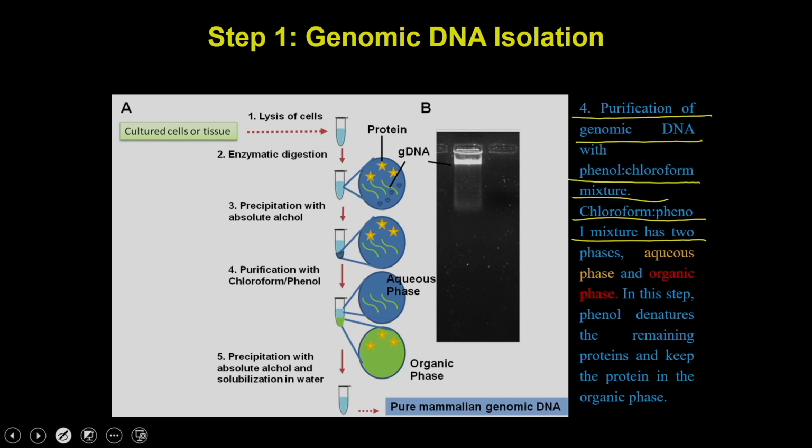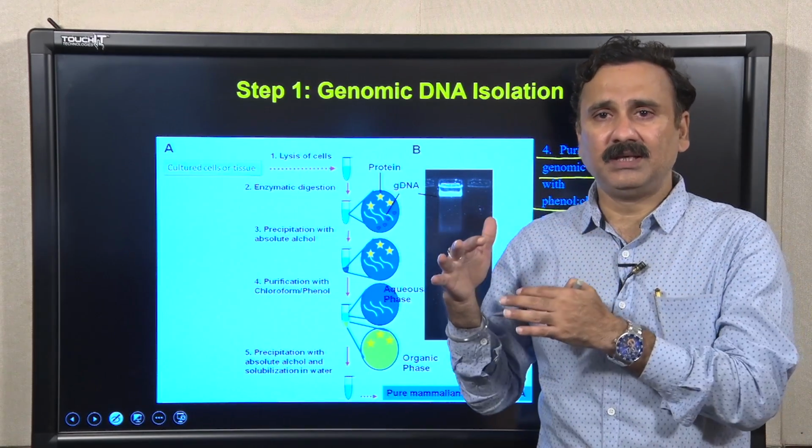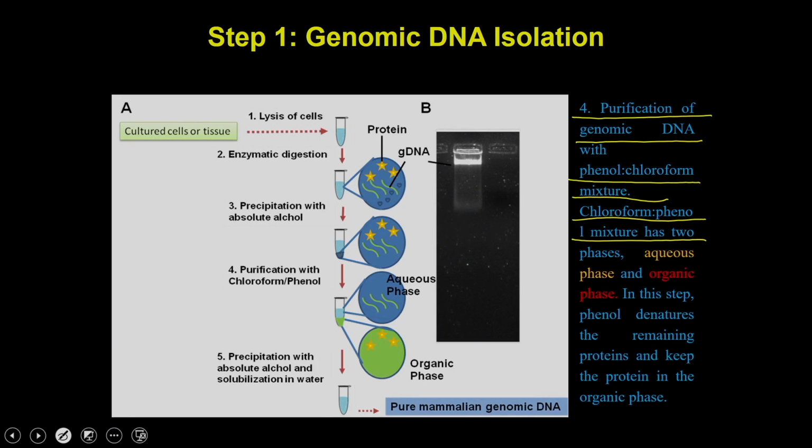When you add the phenol chloroform mixture to this precipitated DNA, it is going to form two layers. One is called the aqueous layer, and the other one is called the organic layer. As you can see here, when you add the chloroform phenol mixture to the precipitated DNA, it forms the two layers, the aqueous phase and the organic phase.